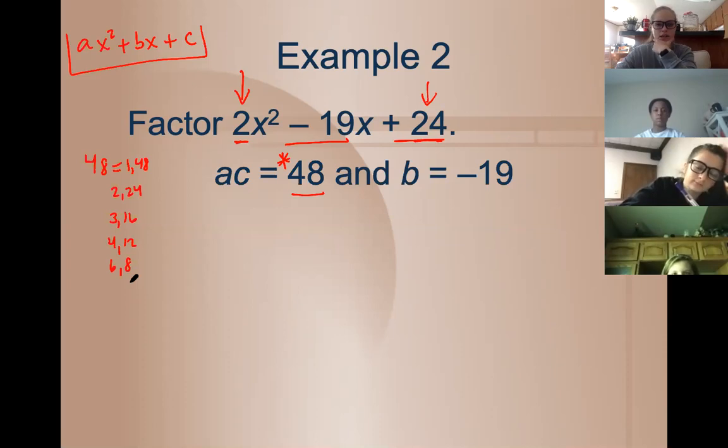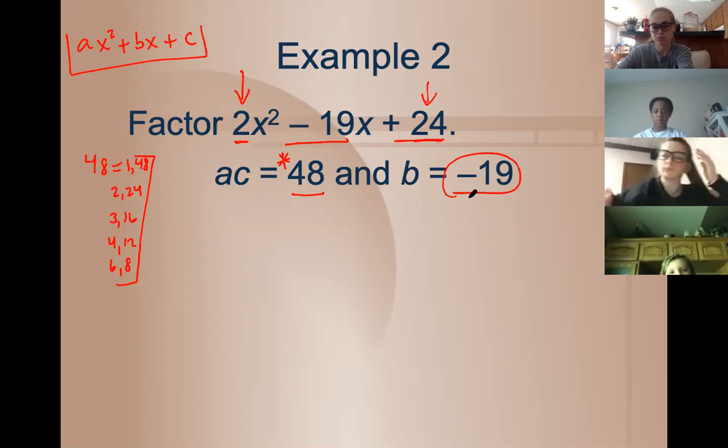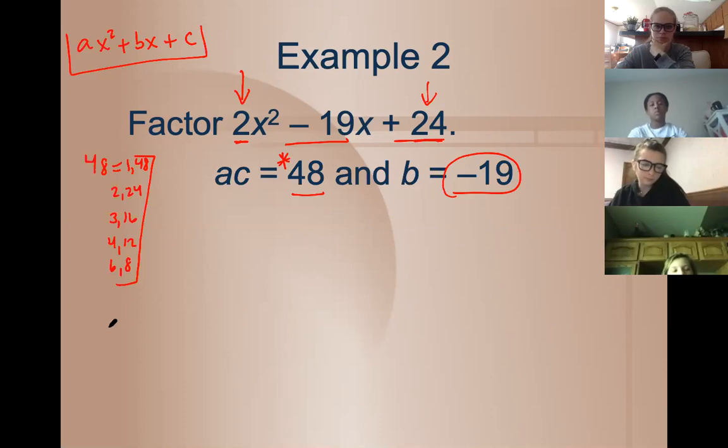All right. Now, look at these factors and see which ones added or subtracted together will get you negative 19. Which set of factors will get you a negative 19 somewhere? 3 and 16.